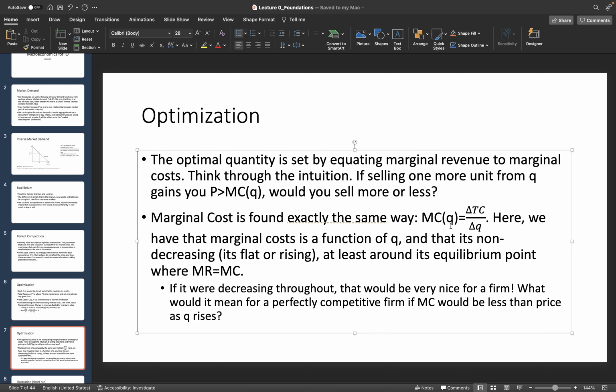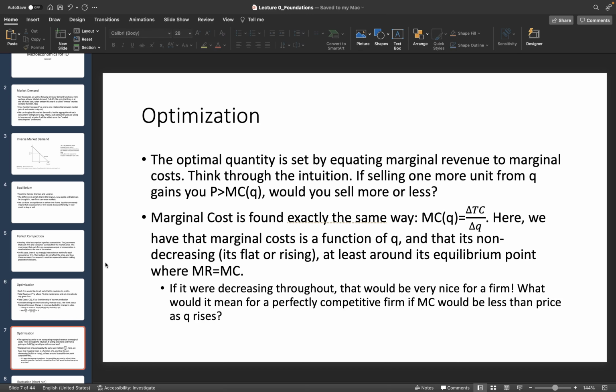So that makes the perfect competition assumption less attractive if MC is in fact falling throughout the entire Q. So we'll have it that the marginal cost is at least flat or rising, especially around the equilibrium point.